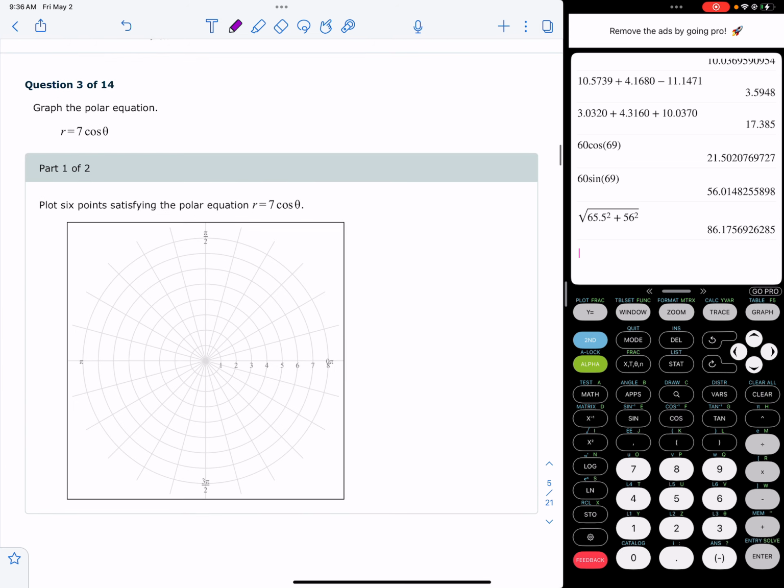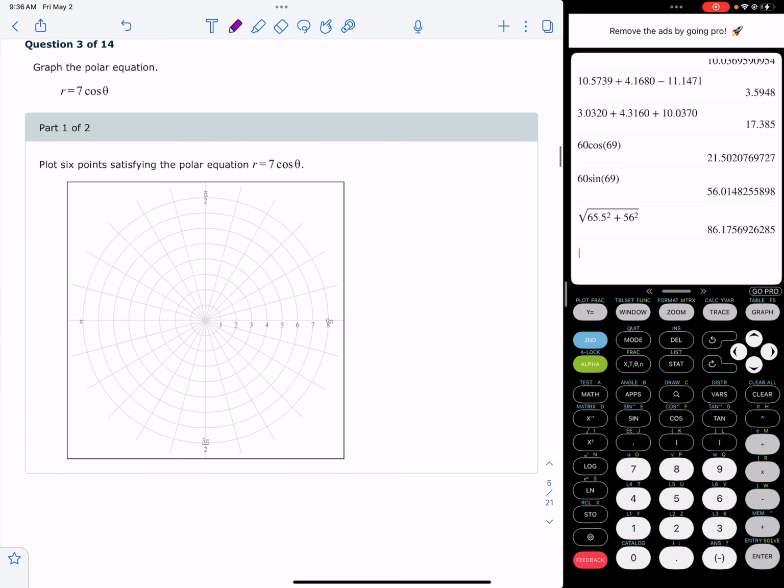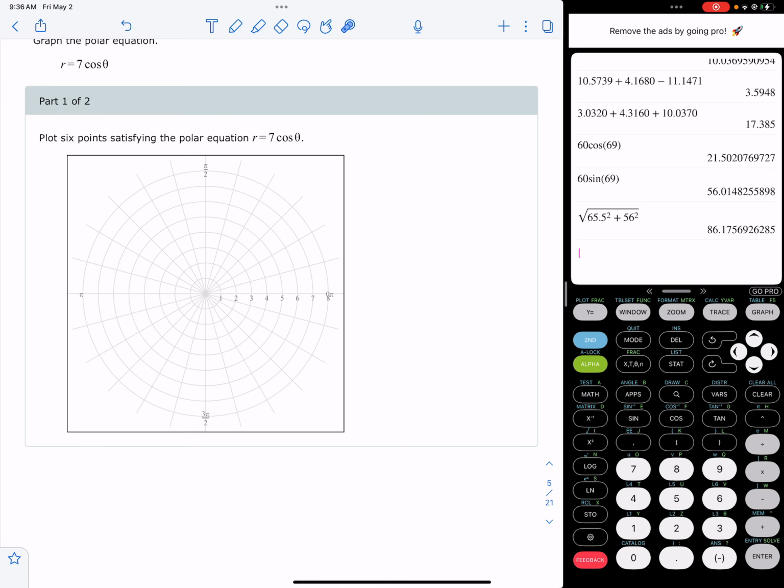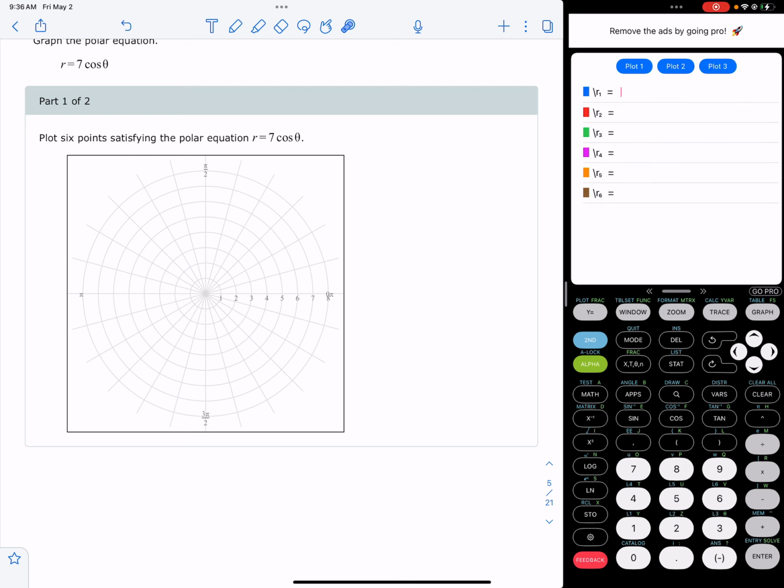Okay, this one, plot points, 7 cosine of theta. And so a couple of ways you can do this. I personally would just be like, okay, if theta equals 0, what happens?